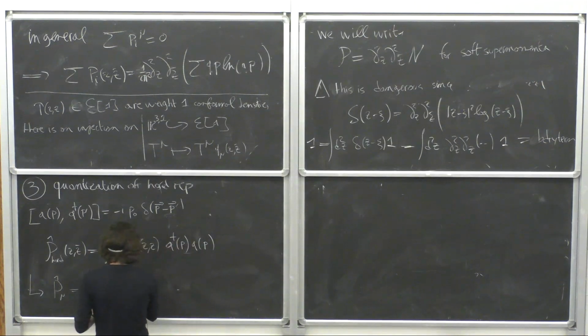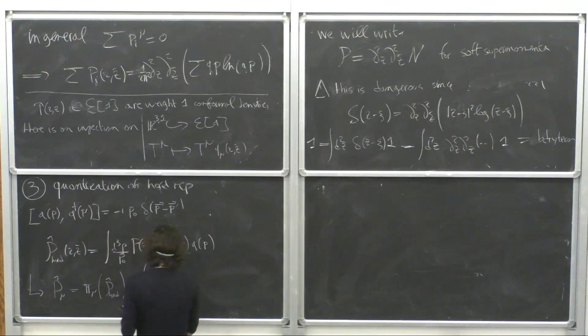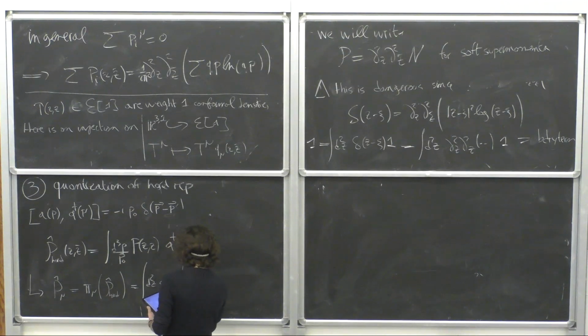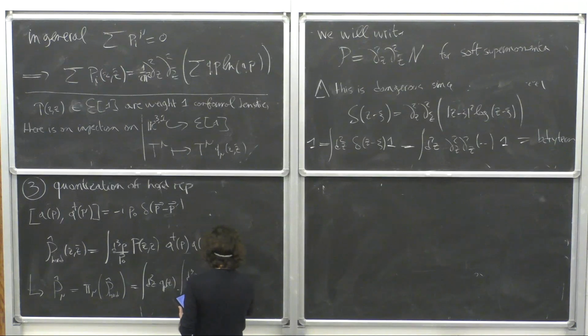So P mu was the integral over d2z of q mu of z, integral d3 p over p0 of q bar z bar a dagger of p a of p.